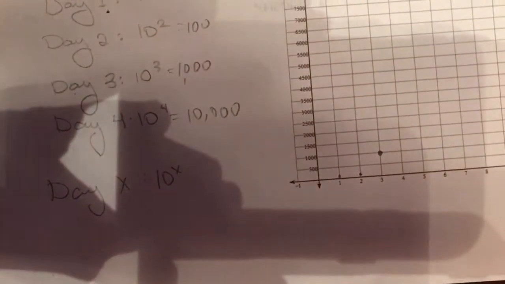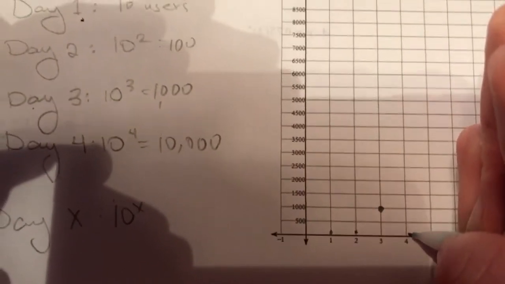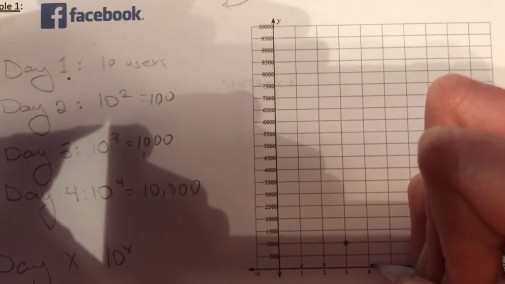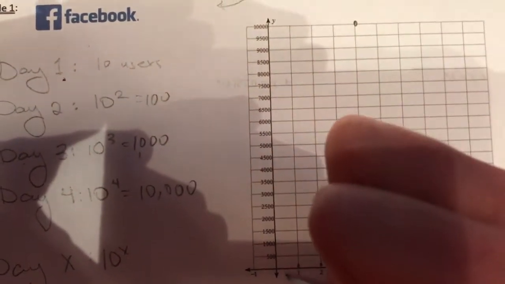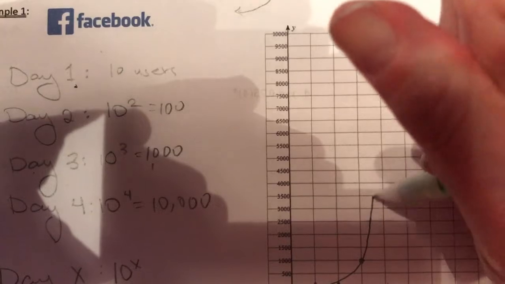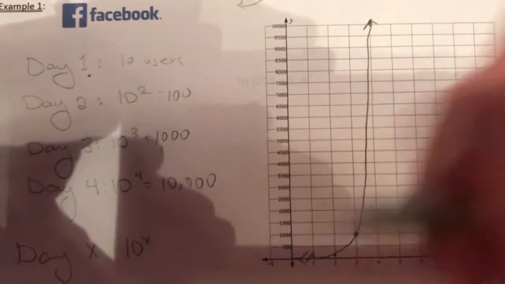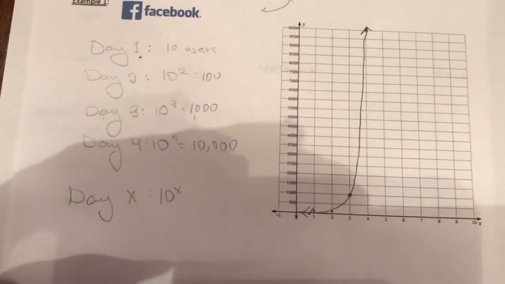Add another 0 on there, so we're up to 10,000 users on day 4. We have to go all the way up to 10,000, way up here at the top. And so you can see this curve that's happening. It rises rapidly, and that is a good sign, a good model for business growth.